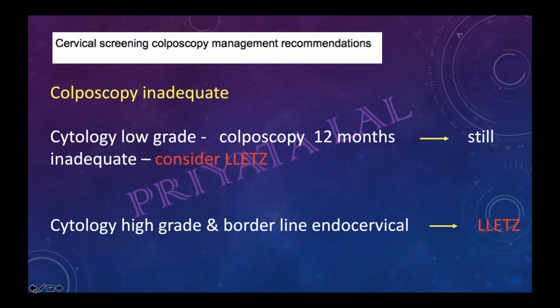If in our colposcopic examination we are able to see the squamous epithelium, complete columnar epithelium, and complete transformation zone, then we say yes, we have done it adequately, and I'm happy with it. So this is adequate colposcopy. But if I'm not able to see the TZ or transformation zone completely, then I will say my colposcopy is inadequate. So this is the meaning of adequate and inadequate.